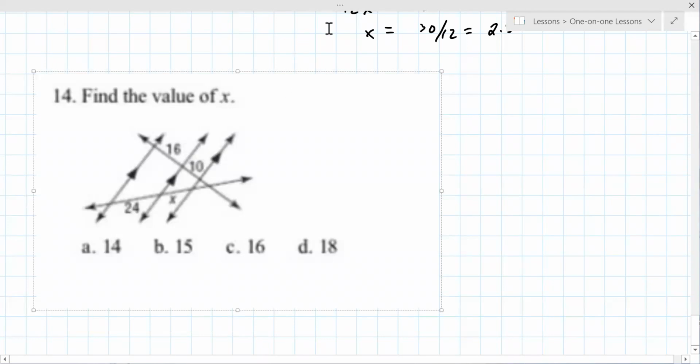Do you mind checking the answer for this one?